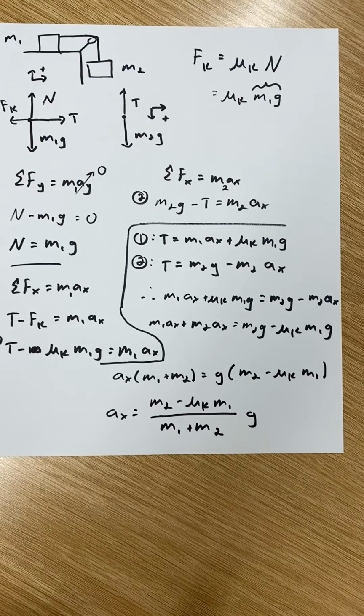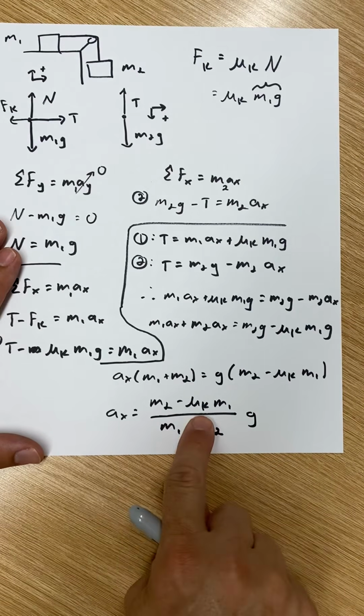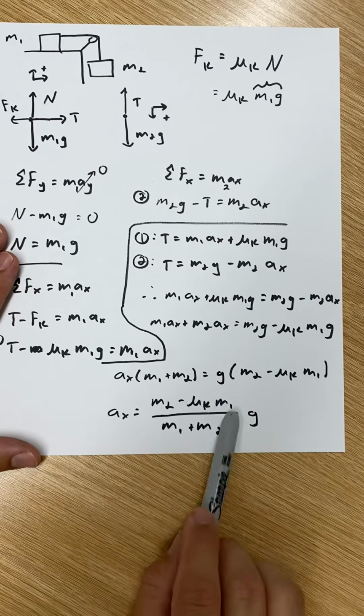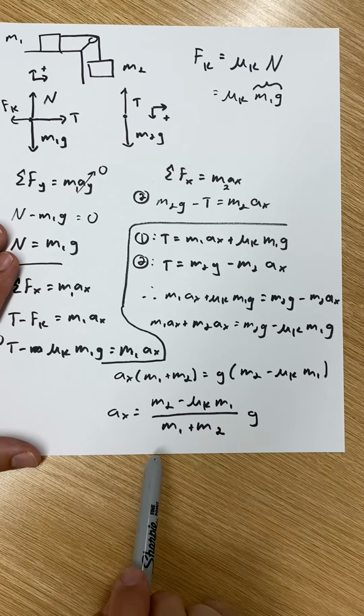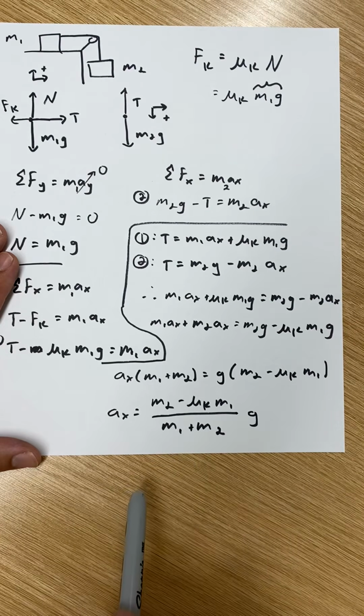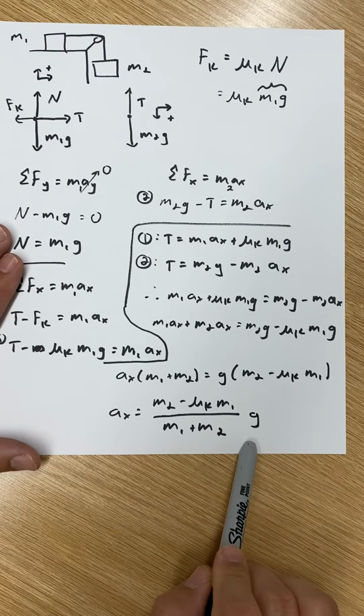All right, so again, let's see if it matches up with my expectations. M1, m2, and mu k are all positive, so there's no way this coefficient can be greater than 1. It's always going to be less than 1 because the denominator will always be larger than the numerator. So this will always be less than g, which is exactly what I expect.